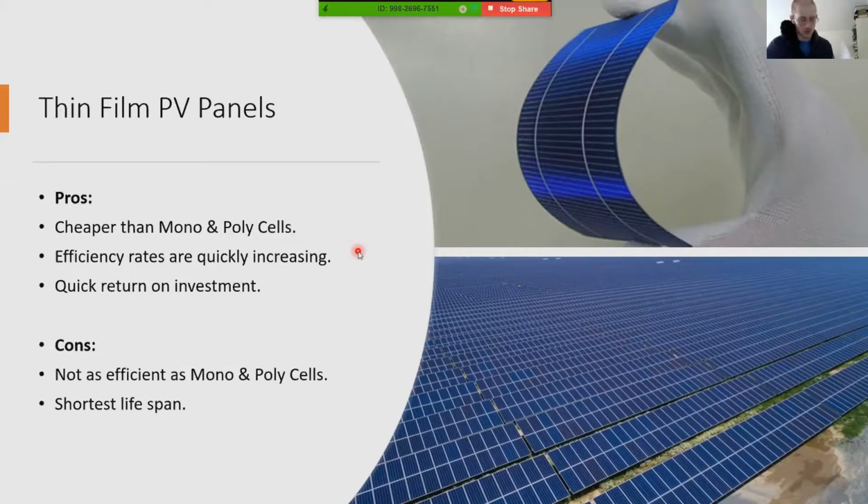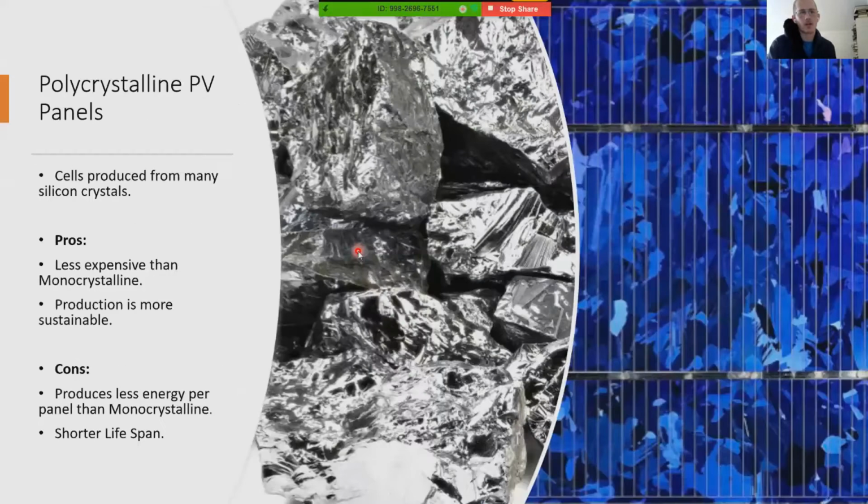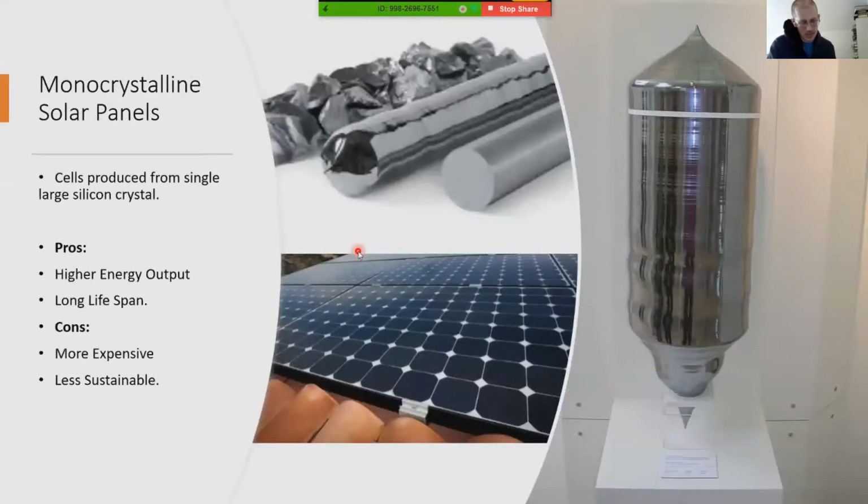Oh, and I forgot to mention, if we go back to monocrystalline panels, they have a lifespan of generally 25 to 35 years. And the average efficiency for monocrystalline is 22 to 27%.